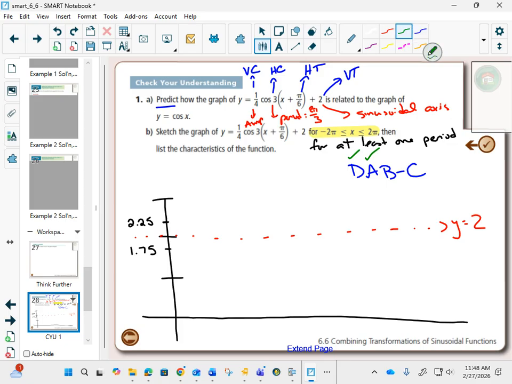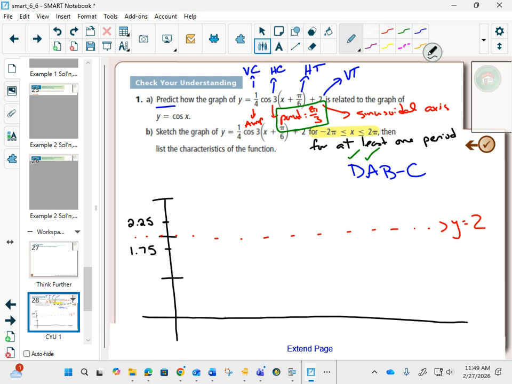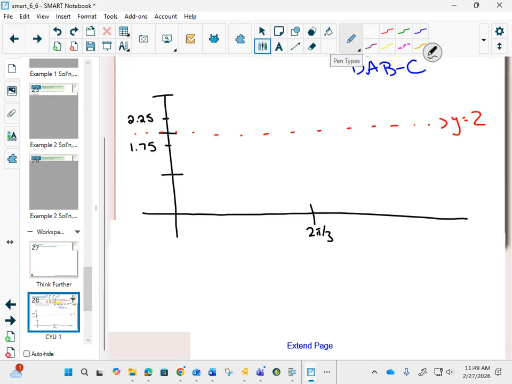Our period. Our formula for a period, we already figured it out here when we were describing. Our period is 2 pi divided by 3. So I go along my x-axis here and mark a spot, anywhere, and mark 2 pi over 3.